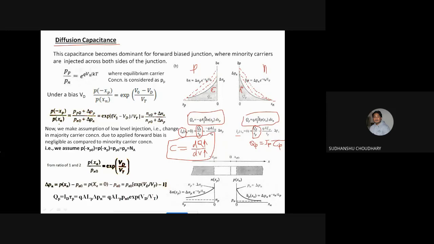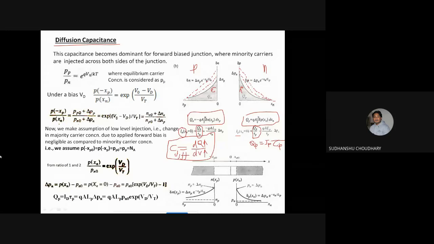This capacitance is called the diffusion capacitance. That is, an increase in the diode voltage or the bias increases the minority carrier injection. This leads to a capacitance effect, and this capacitance is called diffusion capacitance.